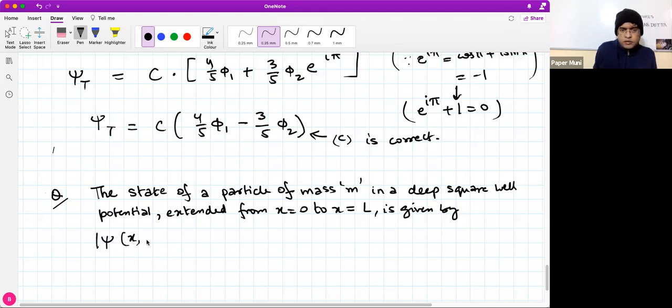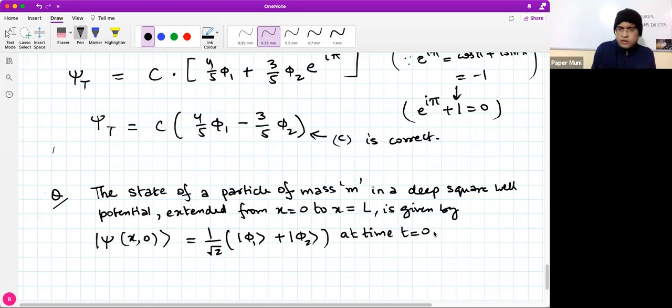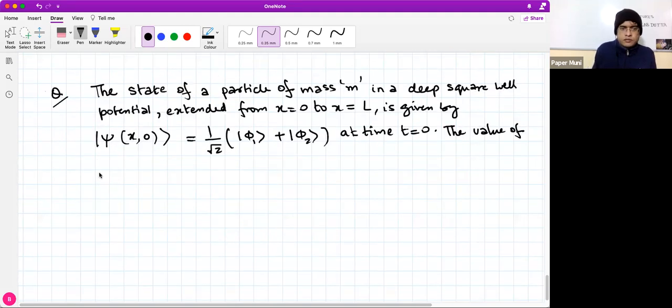ψ(x, 0) equal to 1 by root 2 (φ1 plus φ2), at time t equal to 0.